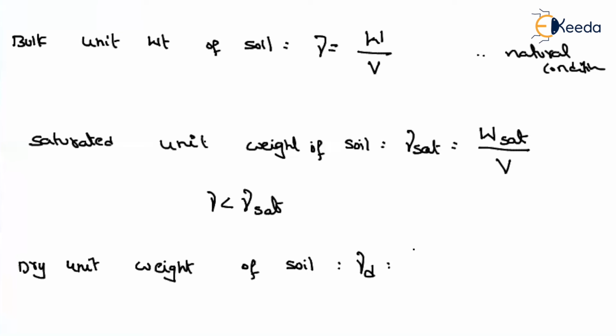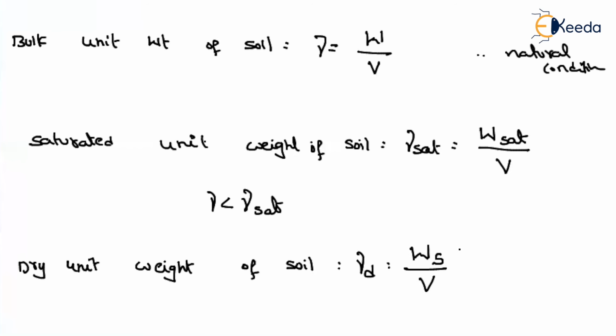You will have the weight of the solids only, because there is no water content present in the soil. So how is your weight related to the volume? You will have weight because of the solids only. That's why I represent it as Ws divided by V.